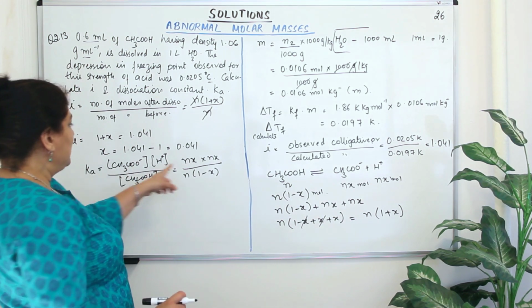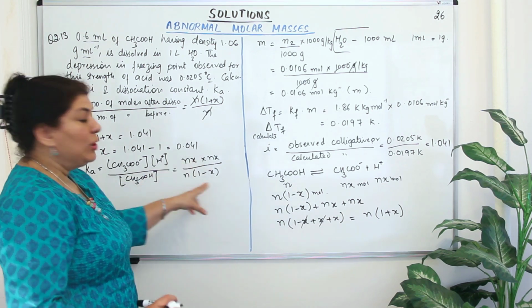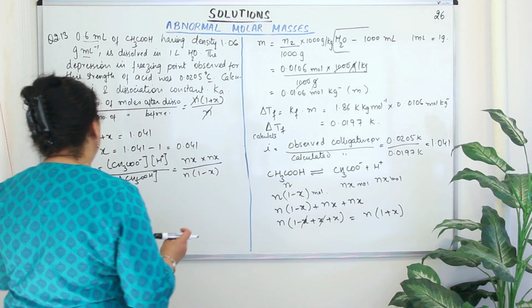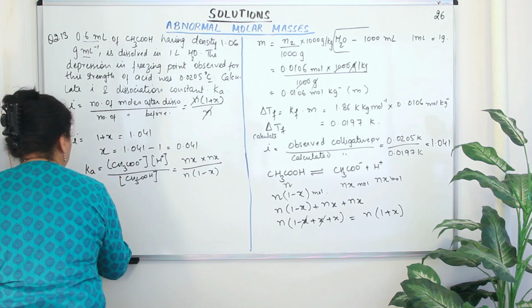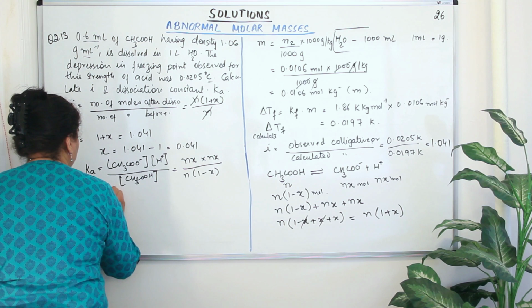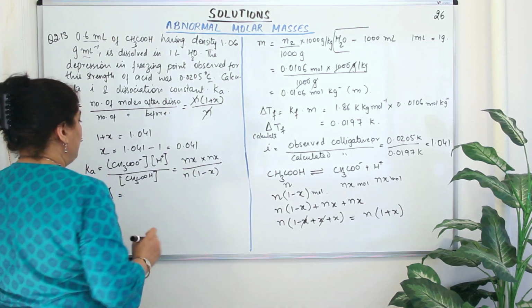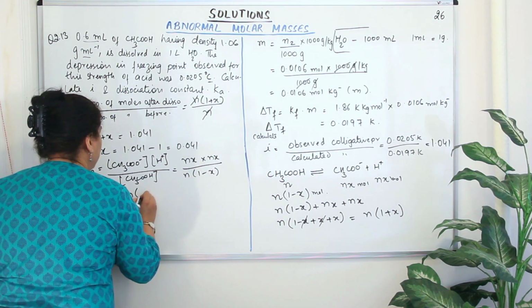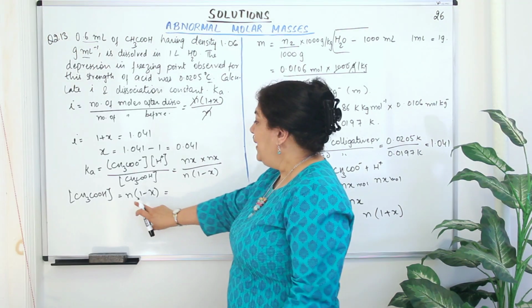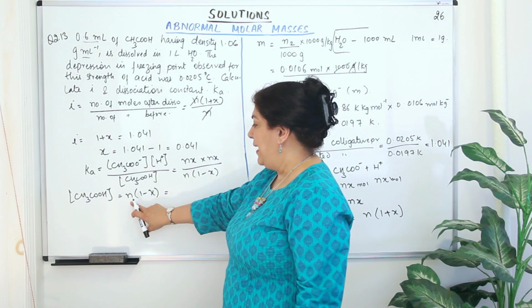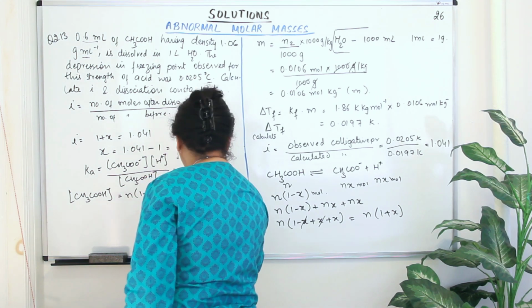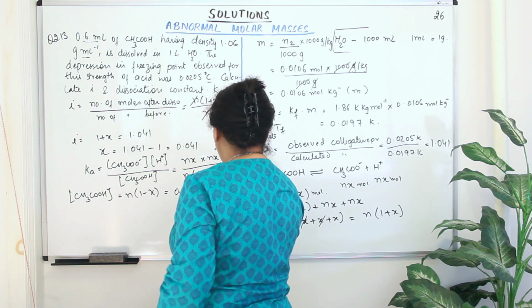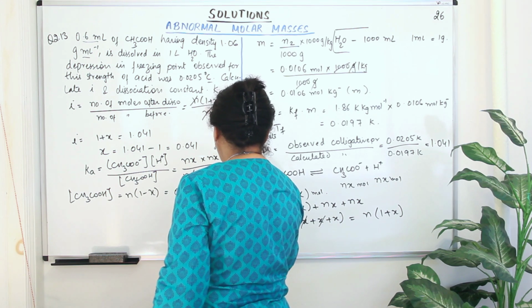But first, since we have all these values, let us find out the individual values of these. What will be the concentration of CH3COOH? It is n(1 minus x). We had calculated the value of n. n was 0.0106. 1 minus x is 0.041.